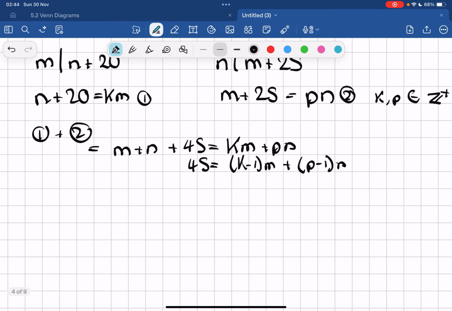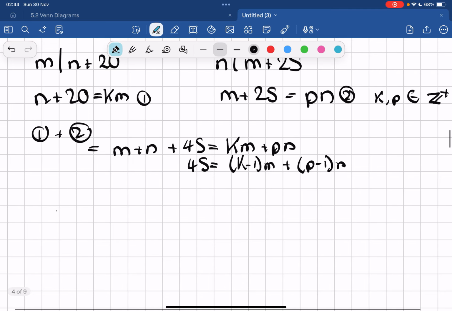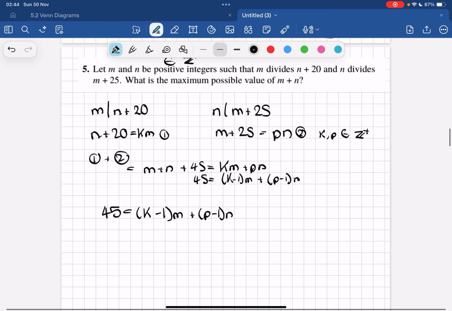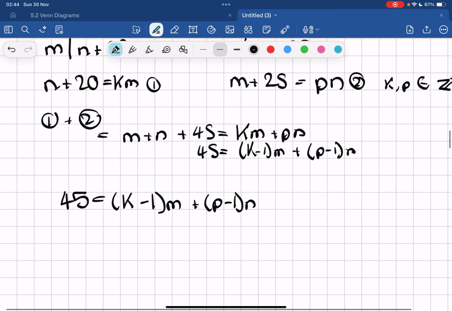The way we do this is, if you rewrite out our new equation, we want to get this equation only in terms of either m and k or p and n. If we remove k minus 1 m, we're left with 45 equals p minus 1 n.